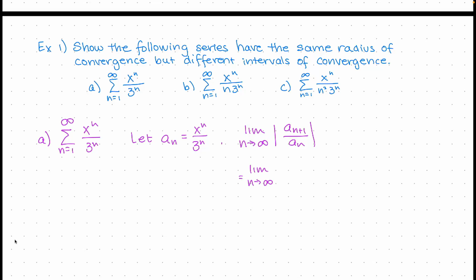So if we plug in, a sub n plus 1 is x to the n plus 1 over 3 to the n plus 1, and then multiplying by the reciprocal of a sub n, it is times 3 to the n over x to the n. And when we simplify that, what does this fraction simplify to?